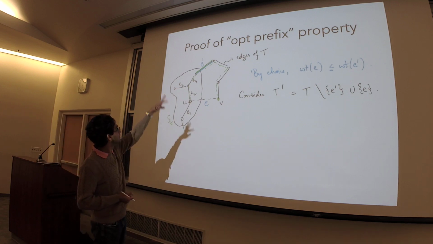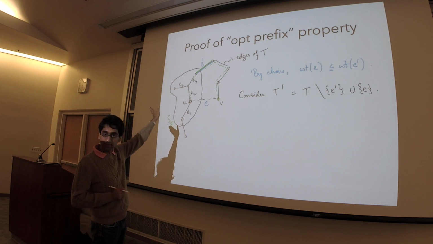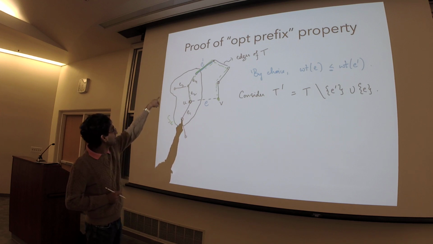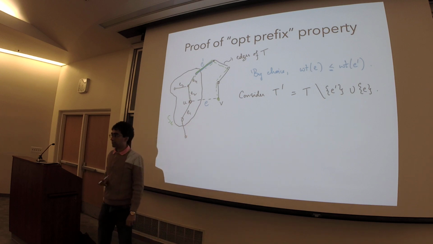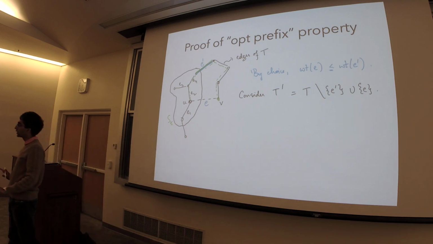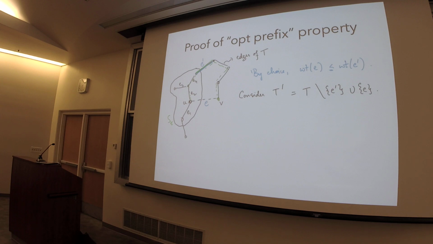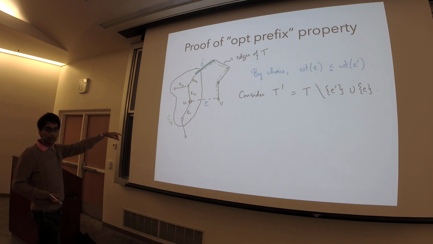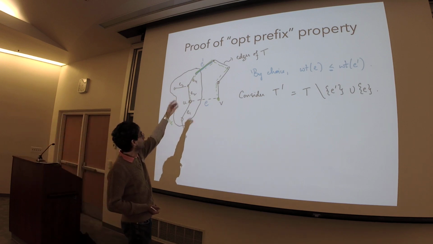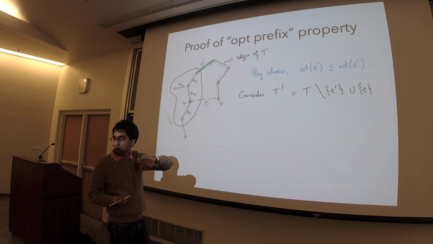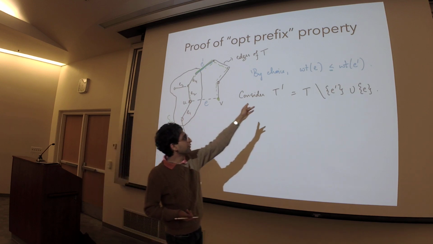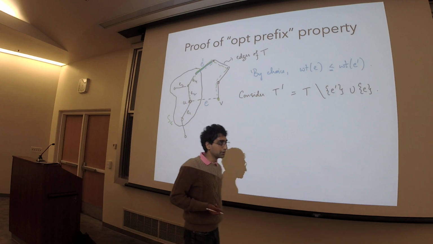So you take the tree T that existed, remove that edge and add this edge instead. Is it clear what I'm doing to the tree? Just remove that one edge and add this edge instead. And in this process, I have only reduced the cost, or at least I have not increased it, right? Because you know that the weight of E is less than or equal to the weight of E prime.